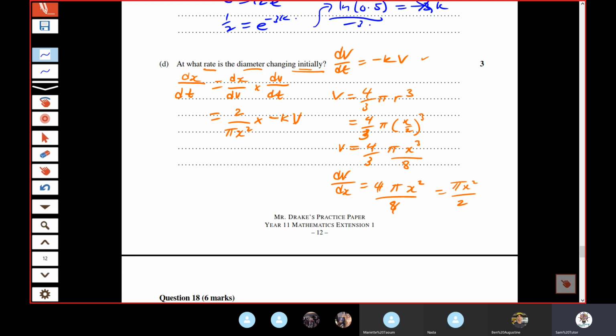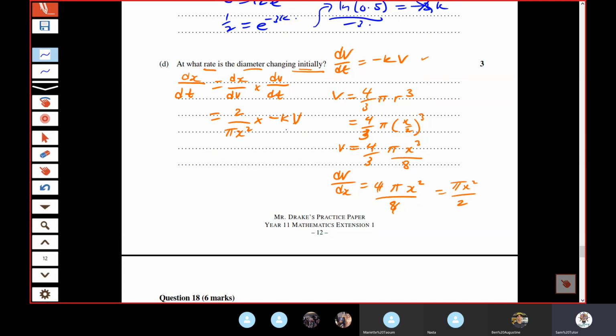You're differentiating V with respect to x. And then 4 on 8 becomes 1 on 2 pi x squared. Okay. And then we flip because it's dx on dV, not dV on dx.